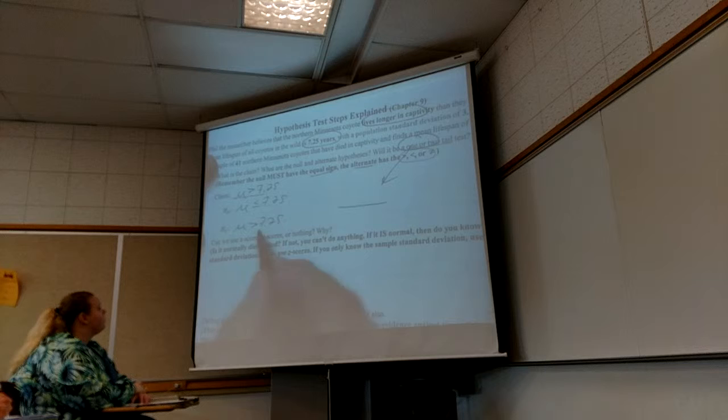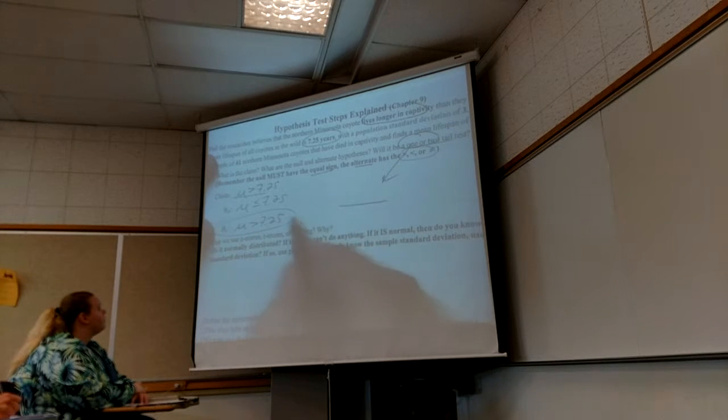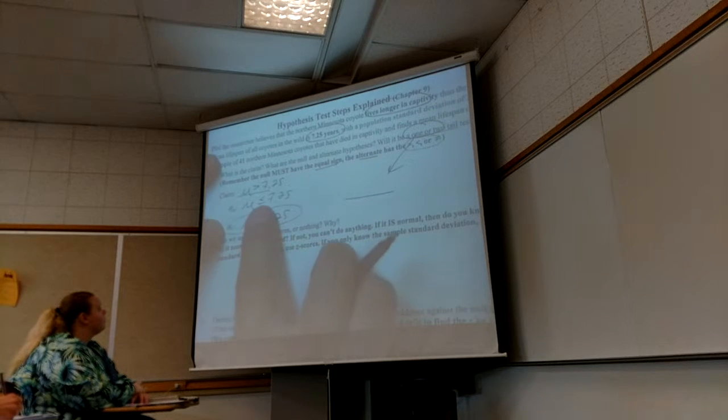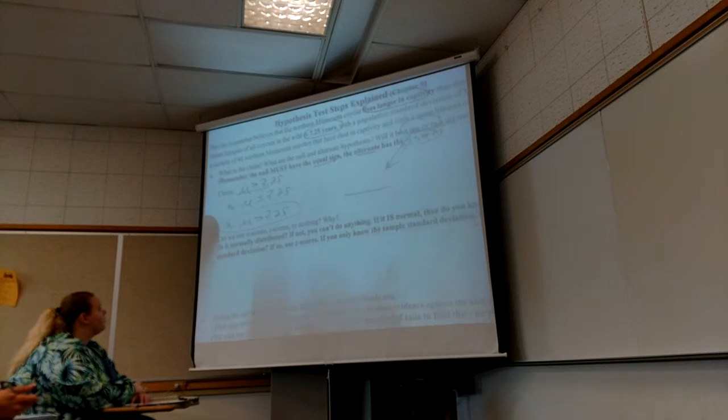So this one is the one we're trying to show is wrong. This is the one we're trying to show evidence for. And since it doesn't have an equal sign, it's always going to be the extreme, either way down there or way up there or either way. In this case, I want my sample to be way above 7.25.